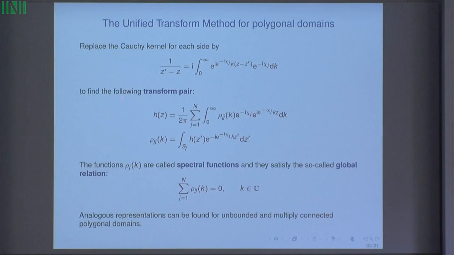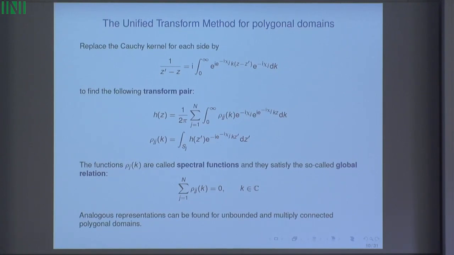So we have this transform pair for this analytic function h in terms of these so-called spectral functions. And the idea is that if we can find these functions rho j in some way, then we can put them back in this integral representation and then find our analytic function.